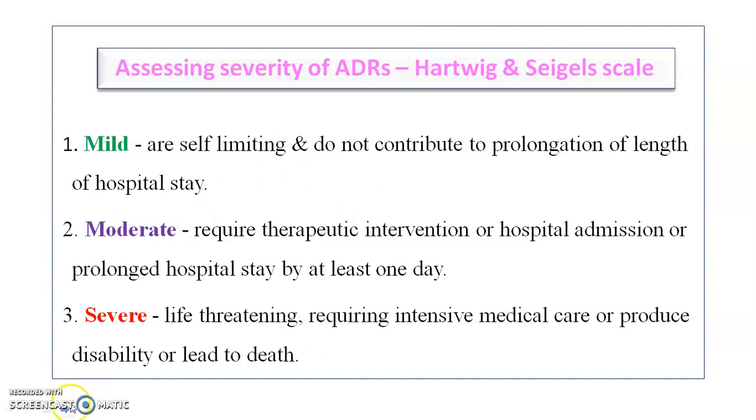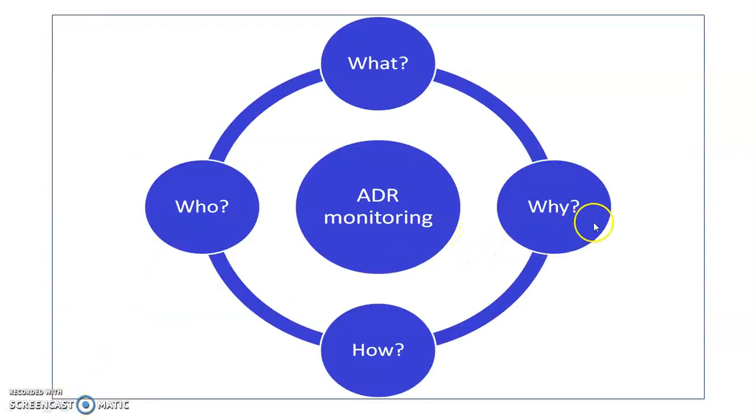We assess our ADRs in many ways. Now, if you want to report all these ADRs to centers, where do we report? The next question that comes to everybody's mind is what to report, why we need to report it, which we discussed, how to report, and whom to report, or which professionals can report ADRs.